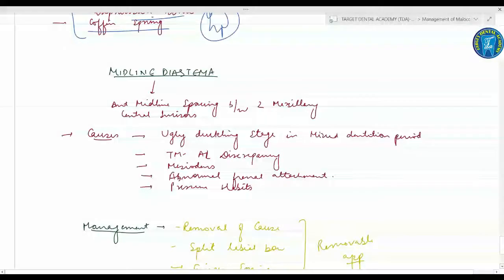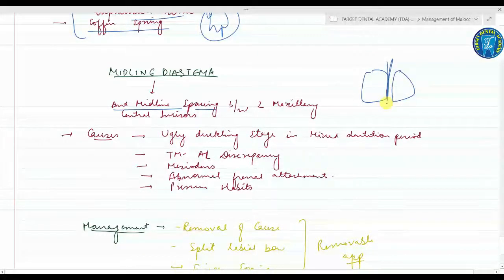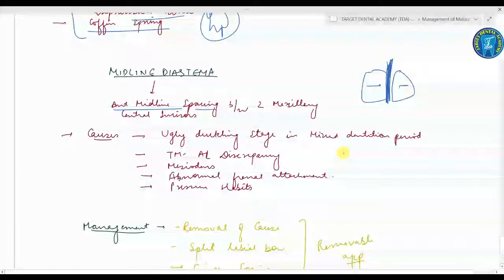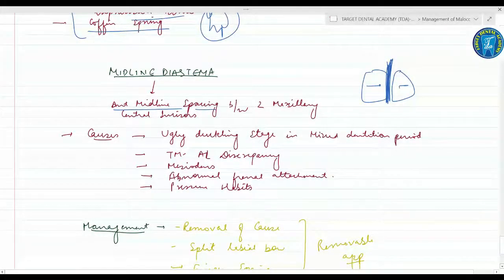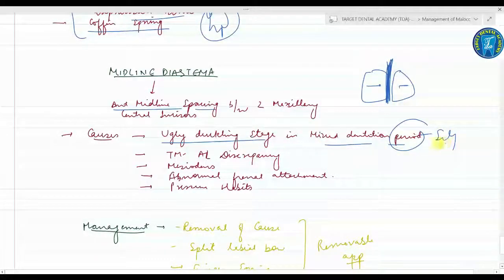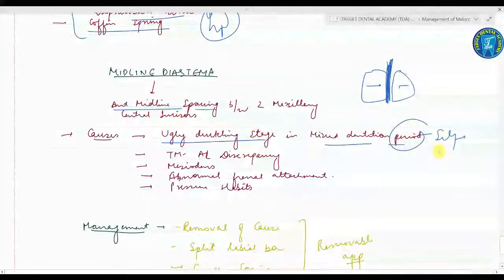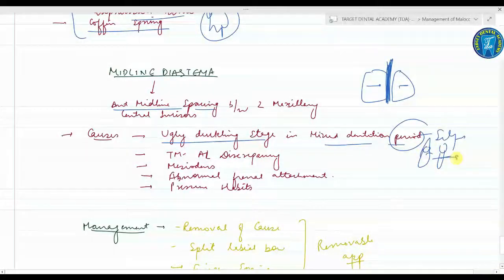And lastly, the midline diastema. So what is midline diastema? It is the anterior midline spacing which is present between the maxillary incisors, between the two central incisors. The cause may be the ugly duckling stage in the mixed dentition period, and it is a self-correcting anomaly which corrects itself by the eruption of the canine.